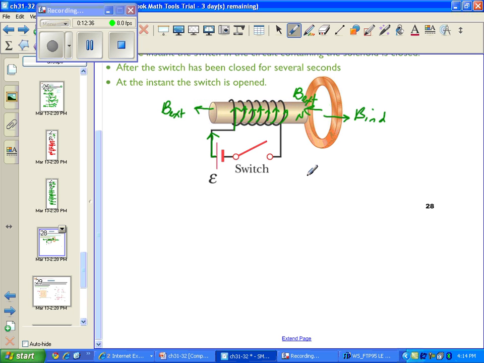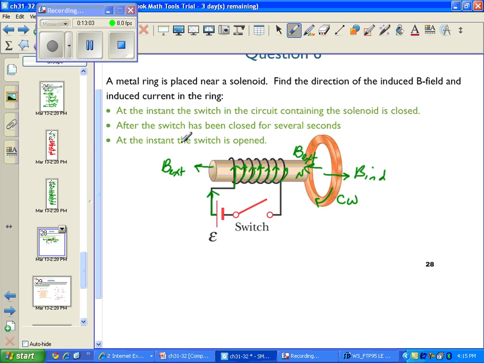That current is going to flow in this direction here, which if we're facing this ring, we call the clockwise direction. Okay, so when the switch is first closed, there will be a current that flows in the clockwise direction and an induced magnetic field that points to the right.